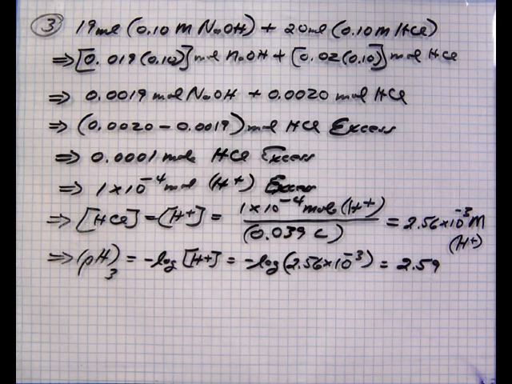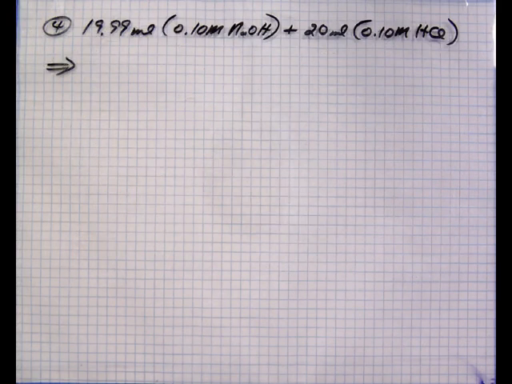So to illustrate how the pH approaches the equivalence point, we'll take a look at 19.99 milliliters of sodium hydroxide, 0.1 molar, into 20 milliliters of 0.10 molar hydrochloric acid. So this is the setup for that titration.